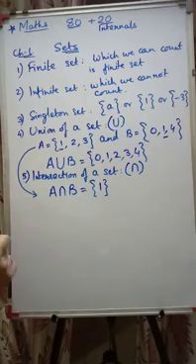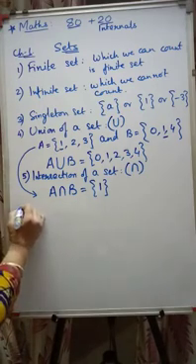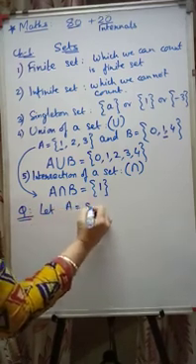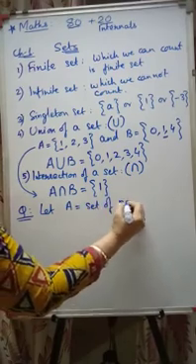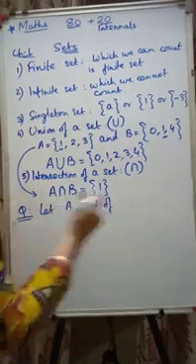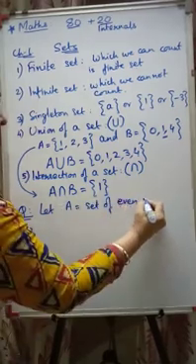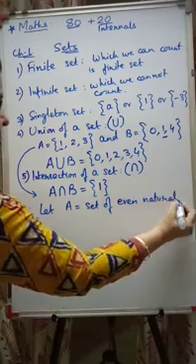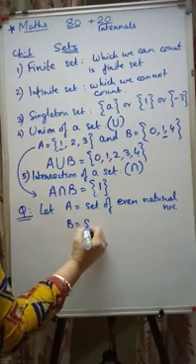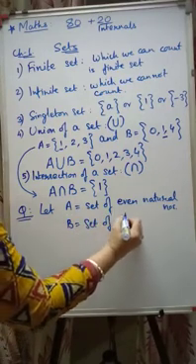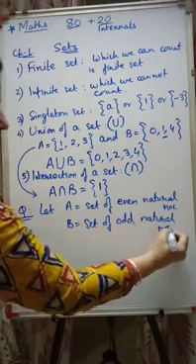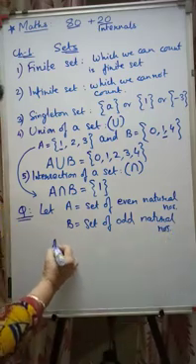Now suppose I ask you an example question. Let A be the set of even natural numbers, and B the set of odd natural numbers. What is the union?